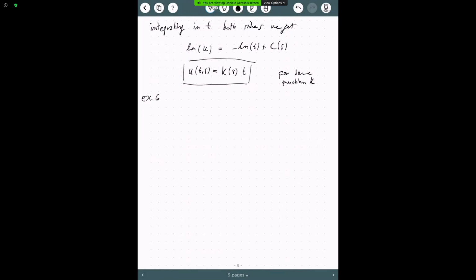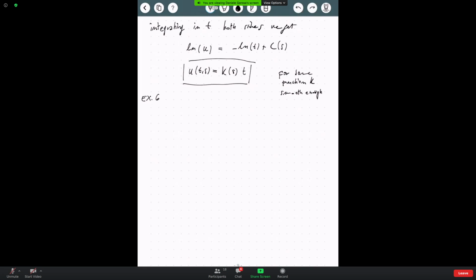This differential equation has infinitely many solutions, so the regularity here is not really the issue. Smooth enough.